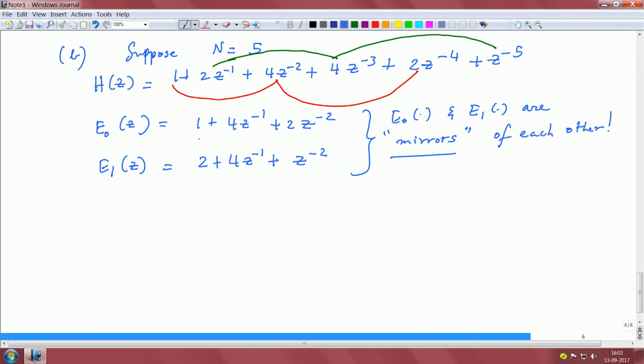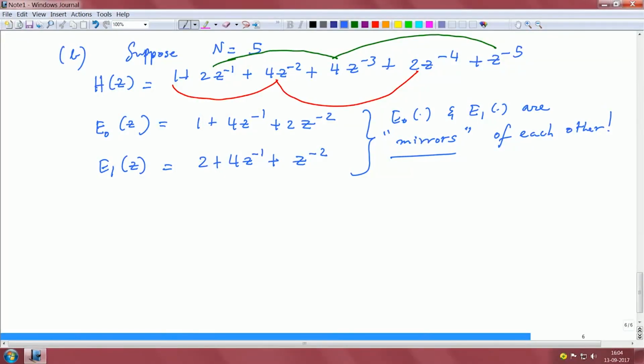You look at this 1, 4, 2, and you see the mirror of this, which is 2, 4, 1. So, there are some nice structures which are hidden into these polyphase filters, and we should be clever to exploit these structures to basically save our multiplications using some of these components. So, I sort of at this point would give you an exercise to ponder upon.